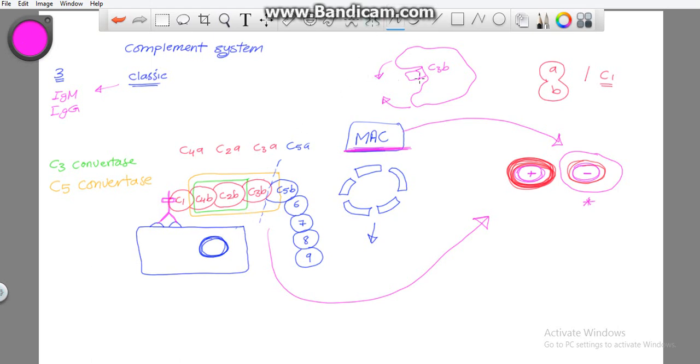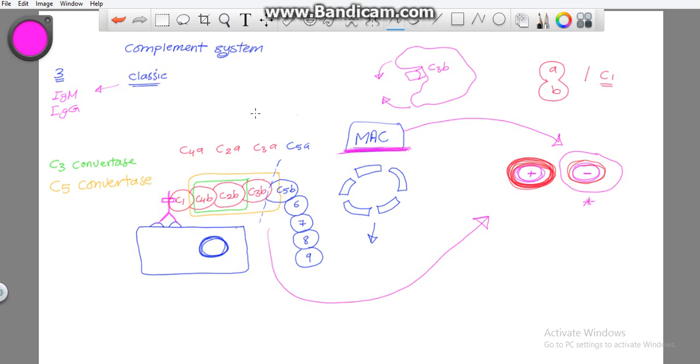So, important things to remember. We have two ways by which killing can occur: by the MAC, or membrane attack complex, or by just binding to the wall or to the receptor of the macrophage or the neutrophil in order to enhance phagocytosis. Now, phagocytosis does occur without this C3b, however, it takes a longer time, so it enhances phagocytosis.